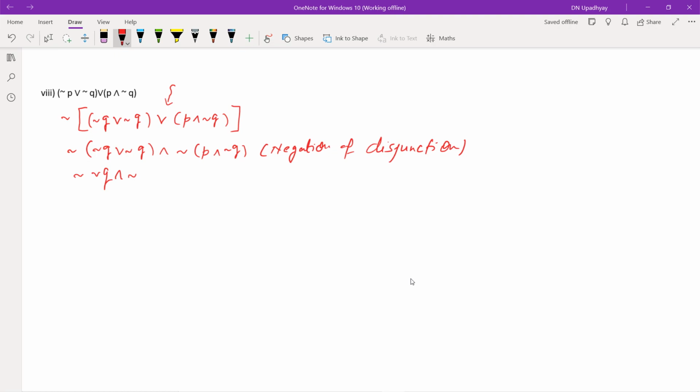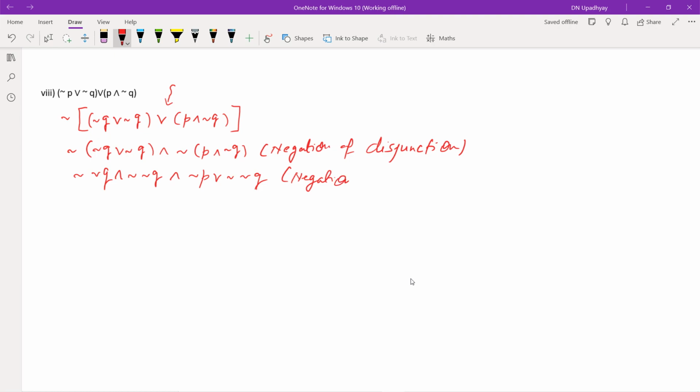So negation of first term means two time negation, and negation of second term again two time negation, and this is or. And now negation of first term or negation of second term. So here we are using two. Actually, we can do one by one also. So not an issue. But we are using two negation at a time.